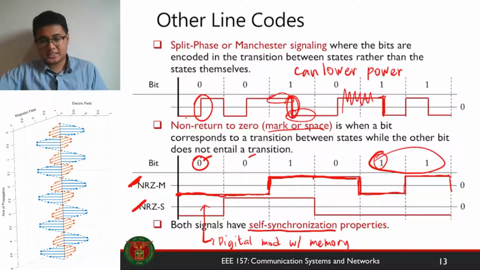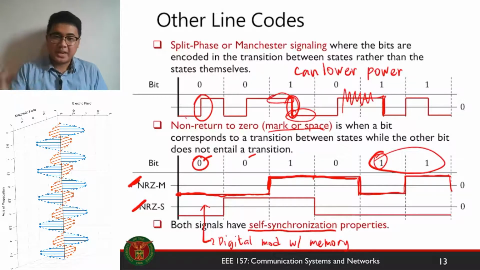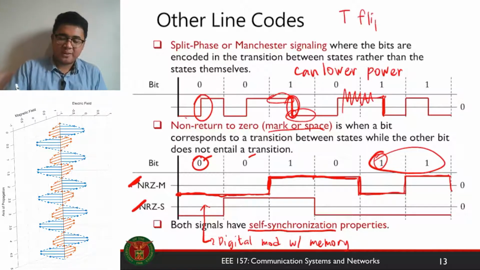And this is a concept reserved for a higher course, especially for you electronics engineering students. For others, computer engineering and electrical engineering, you don't need to know digital modulation with memory actually. Anyway, the bottom line here is that a transition only occurs if there's a certain input, similar to your T flip-flop.